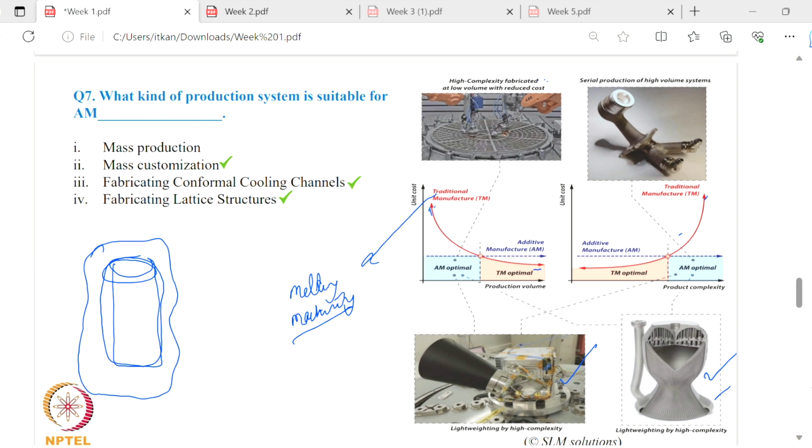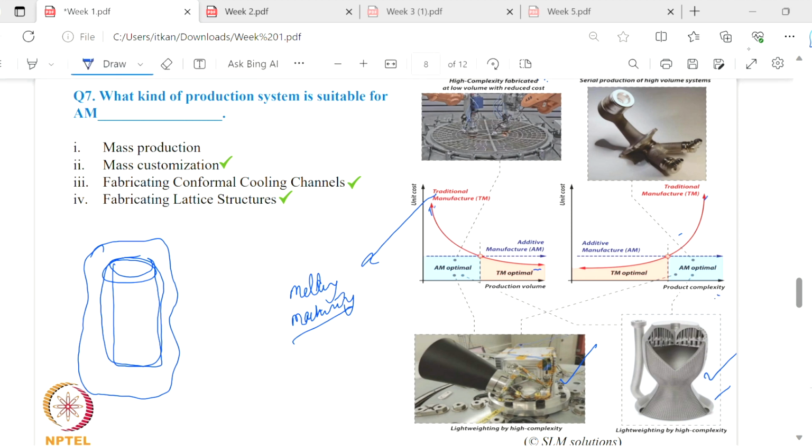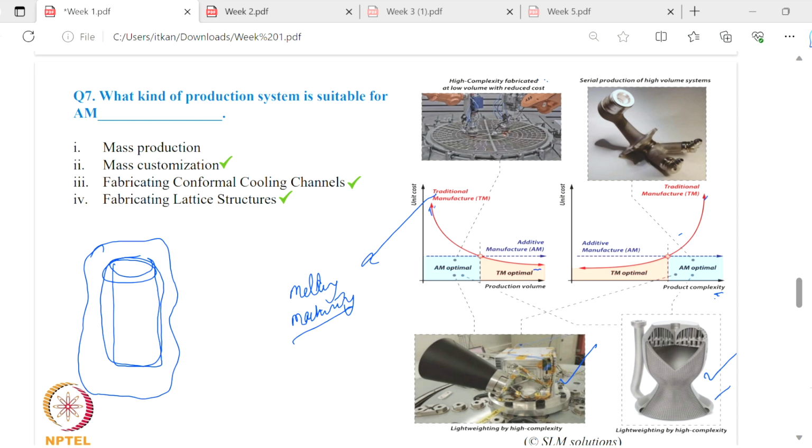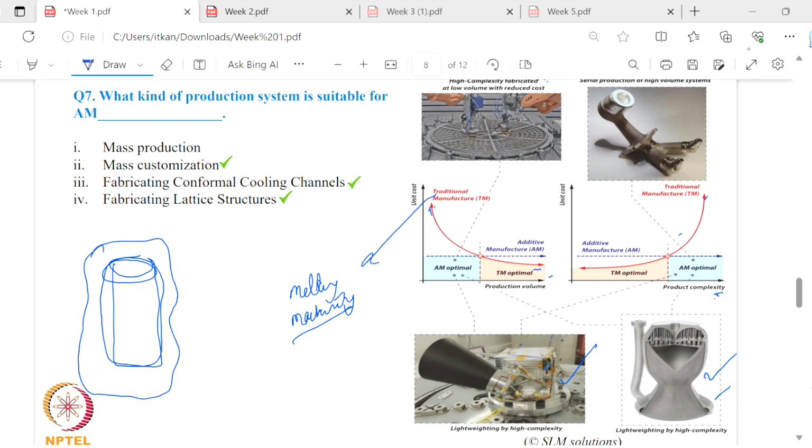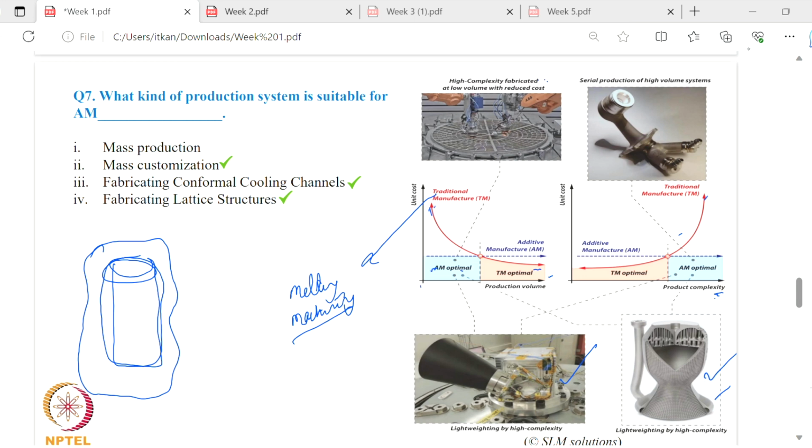Now we have unit cost on the y-axis and production complexity on the x-axis. When the production complexity increases, we have to use additive manufacturing. When the production complexity is less, we can use traditional manufacturing. Similarly, in production volume, when our cost is less and production volume is less, we can use additive manufacturing.